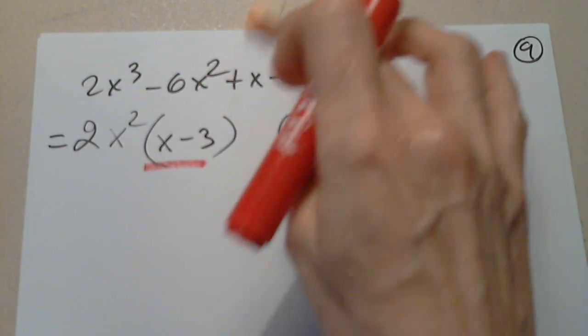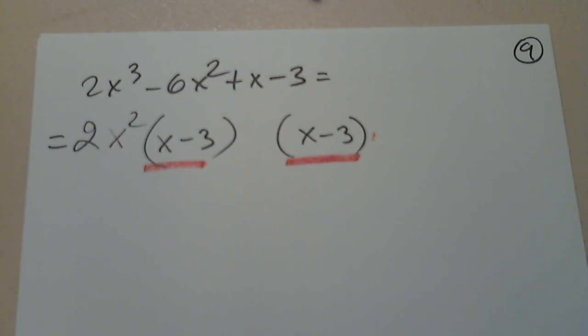Now I uncover. We always need a sign and a factor, mandatory. Sign and factor. What is the sign and what is the factor?